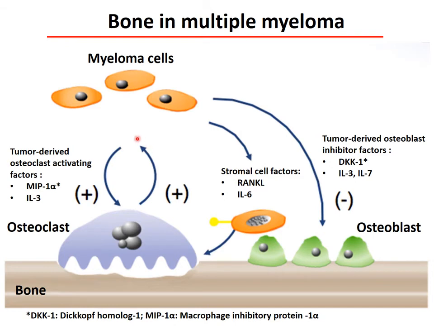But not only are the osteoclasts activated by this ligand, we also have a plasma cell origin osteoblast inhibitory factor that is going to inhibit bone formation. This is why bone lesion and osteoporosis can be the sign of this multiple myeloma.